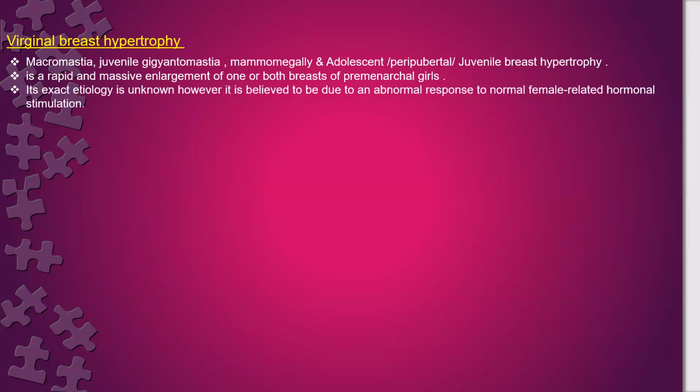The exact etiology is unknown, but they think there is an abnormal response of the breast tissue to the normal female hormones, and they also mentioned that macromastia might be related to hormonal imbalance, like what?